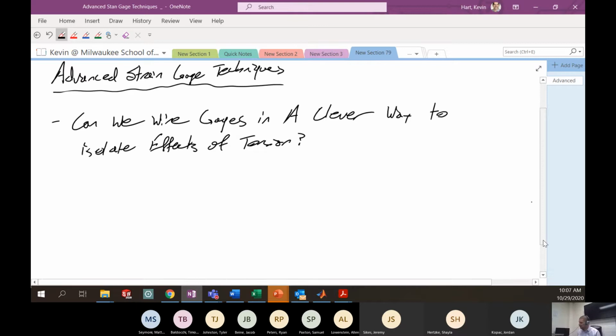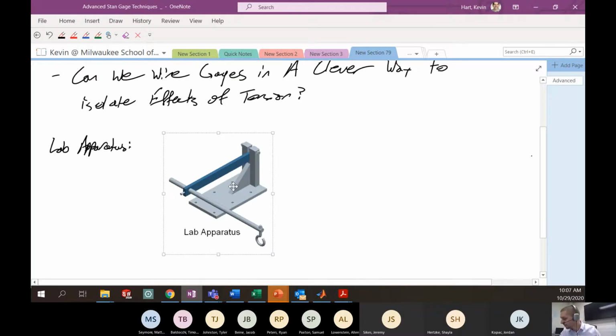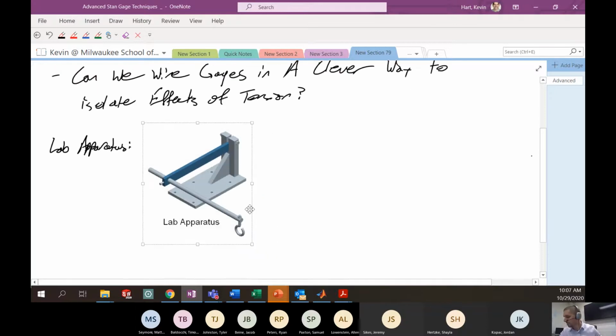Okay, so what do I mean by that? Well, here's our apparatus again. What we're going to do is load this with some load P, and investigate what's going on in this cross section.